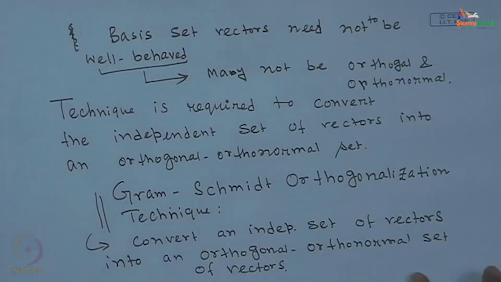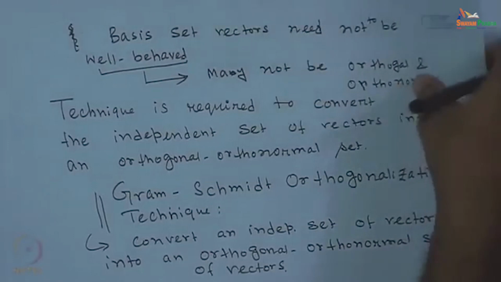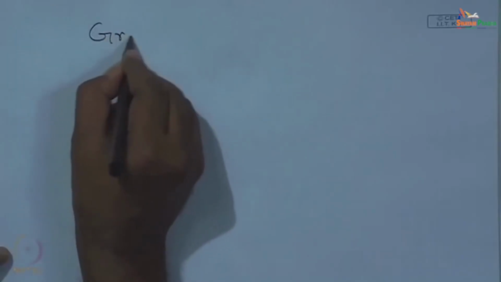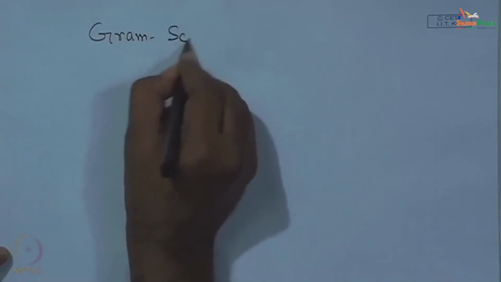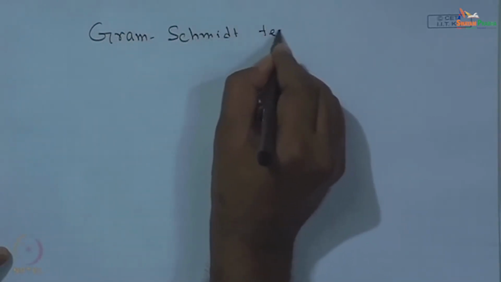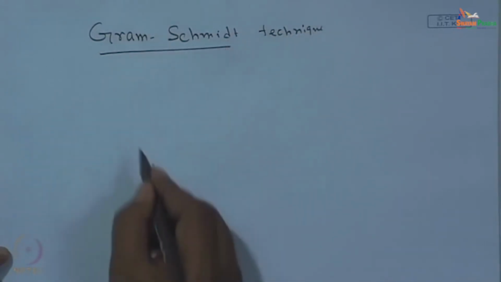So, let us next look into the details or derivation of the Gram-Schmidt orthogonalization technique. So, let us look into that and see how an independent set of vectors can be converted into an orthonormal set of vectors.